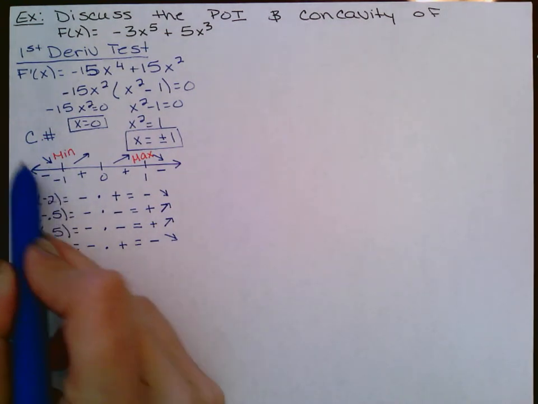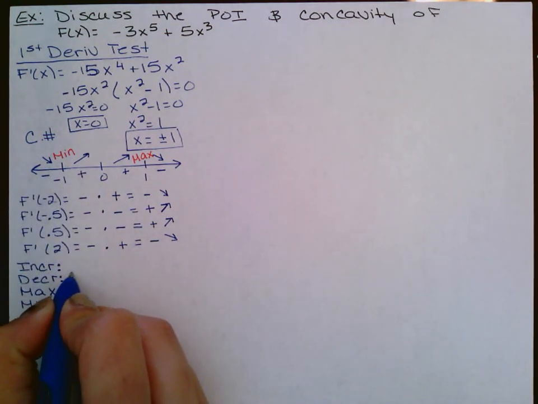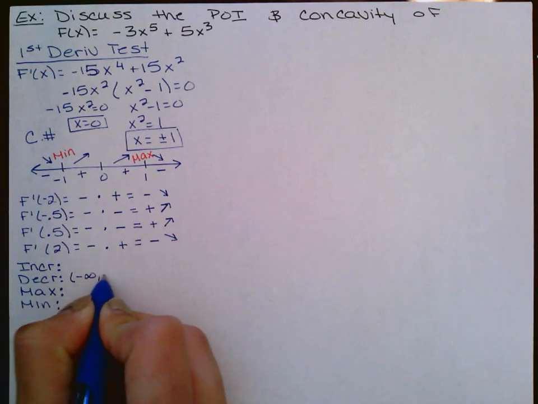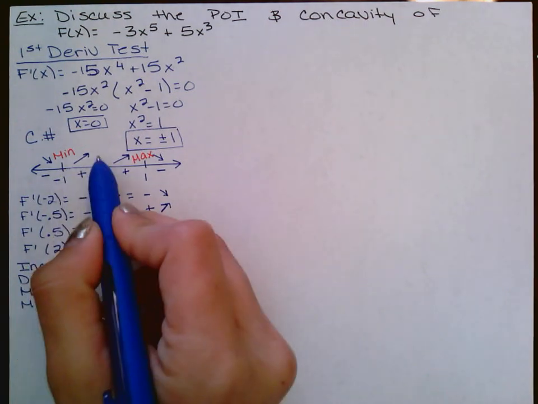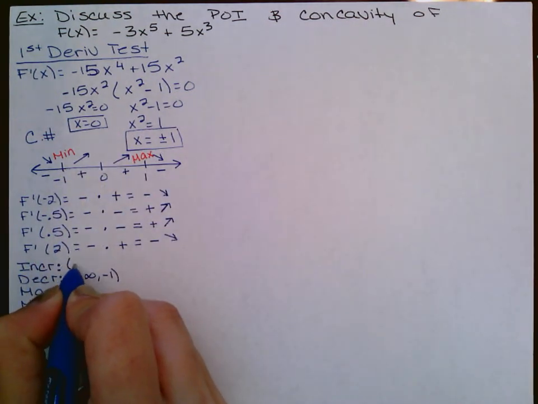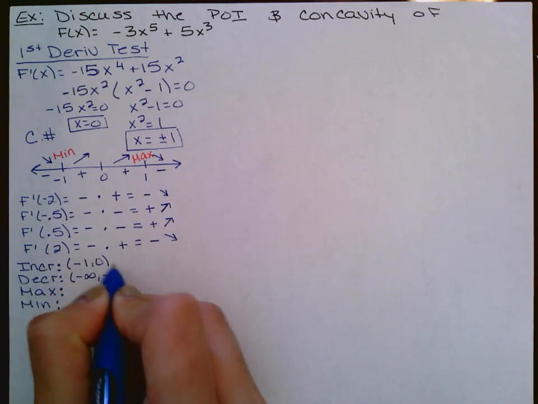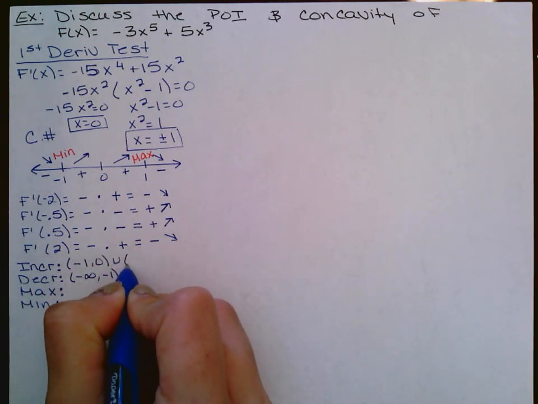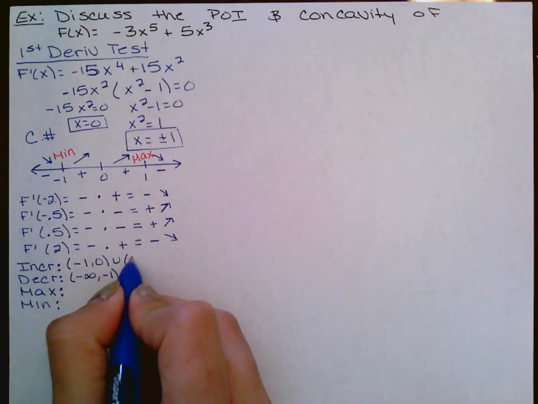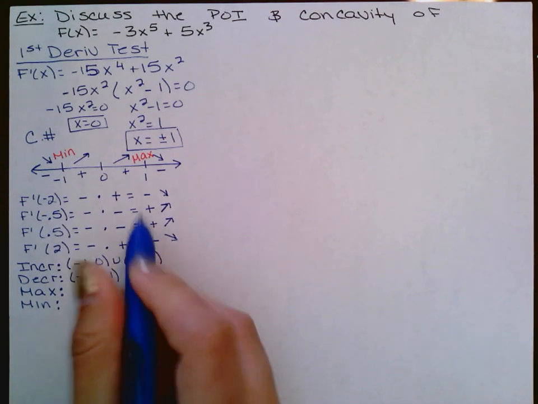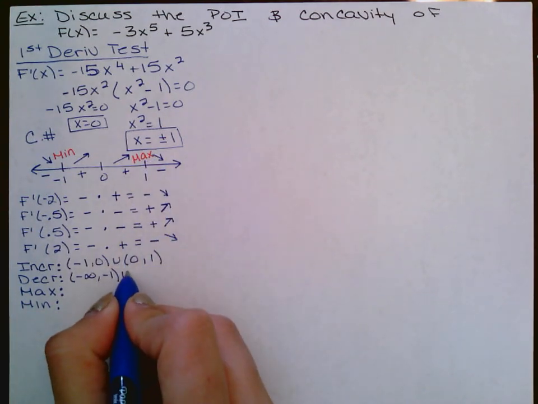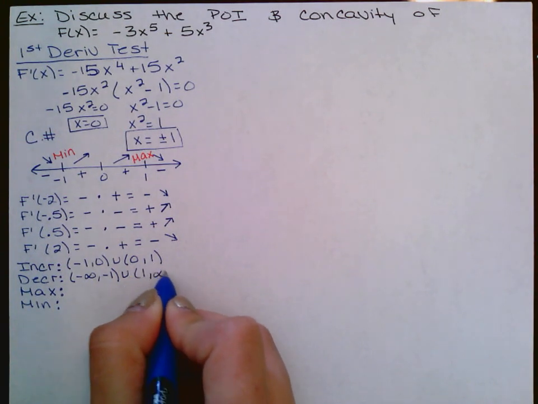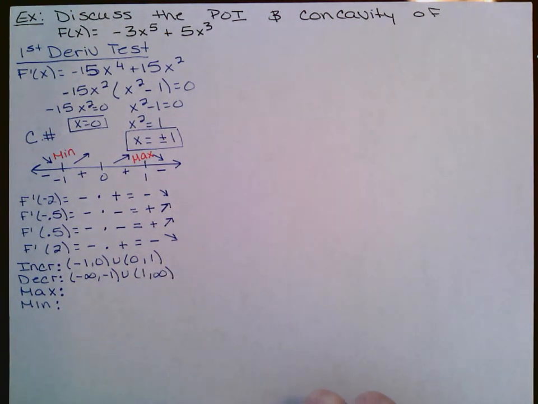I was first decreasing from -infinity to -1. Then I'm increasing from -1 to 0. I continue increasing from 0 to 1. And then from 1 to infinity, I decrease again. Okay?